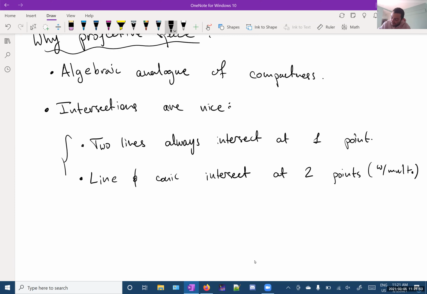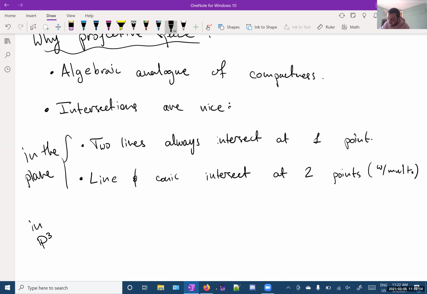I guess I should point out that this is in the plane. Right, in general, if I'm in 3 space, I can always have 2 skew lines, right? So 2 lines don't have to intersect in 3 space, but a line does always have to intersect a plane, right?